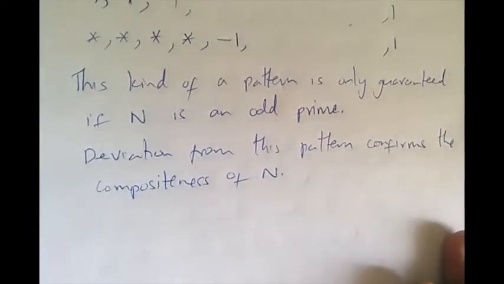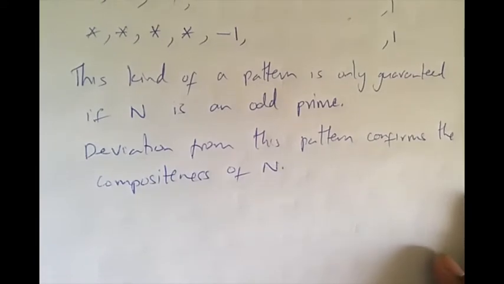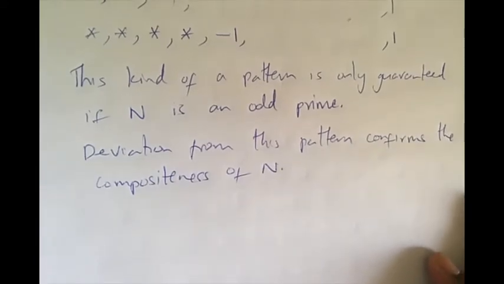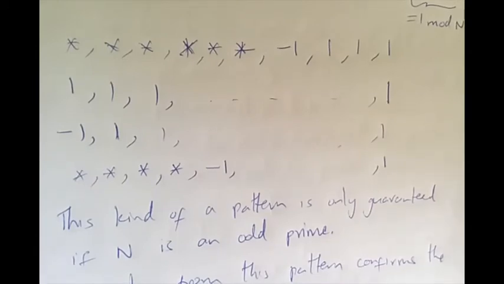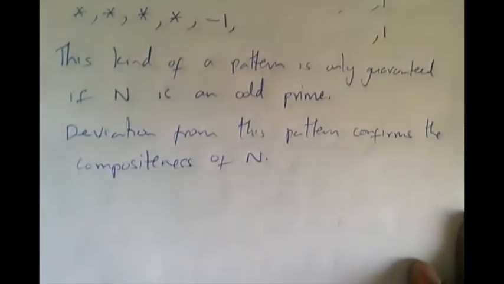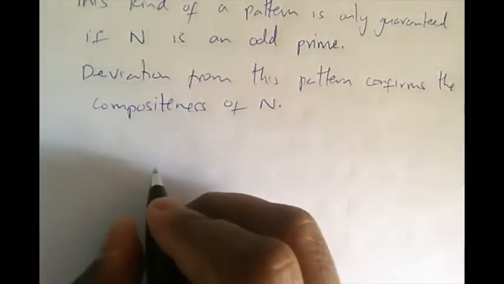So what does deviation mean? Let's capture this pattern here. If n is an odd prime, only one of two things can happen. I'll capture this pattern precisely like this.